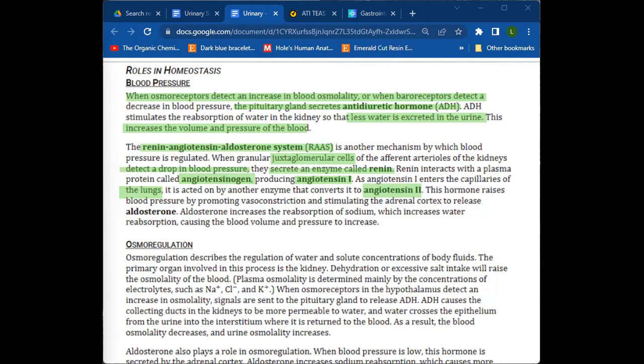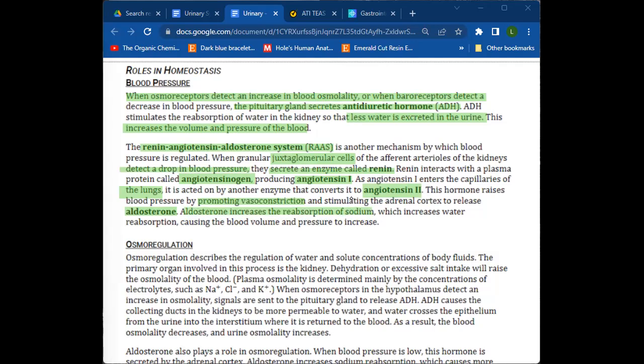Then the angiotensin 2 is the one that has the really powerful effects. It's going to directly stimulate vasoconstriction, so the tightening and the narrowing of the blood vessels, and that definitely will increase blood pressure. And it also will tell the adrenal glands to release aldosterone. And then the aldosterone is going to help reabsorb sodium.